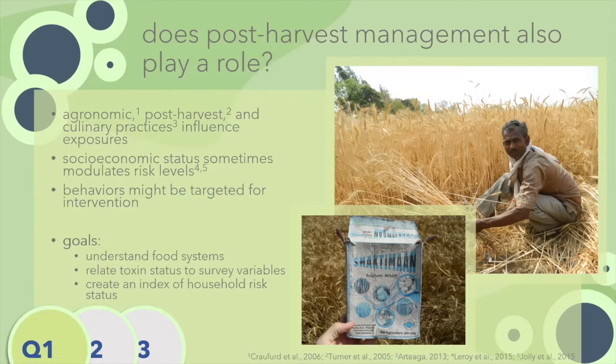And so in this study, we really had three major goals. First, to understand the dynamics of the food systems that were surveyed in this context, but also to relate toxin status to what we recorded in the household level survey: the crop protection practices, the food preservation practices, and other management tools farmers were using, and how those related to risk status. And ultimately, we hope to create an index of household aflatoxin risk status.